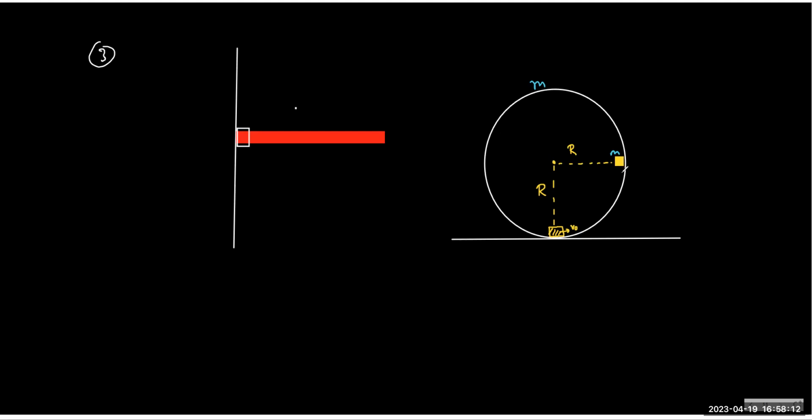No, we should conserve momentum. Wait. To conserve momentum, the VCM must be V, and because there is no friction, this will also have V like this, VC, right? And then we can say it will be V naught by 2, right? By conservation of momentum.